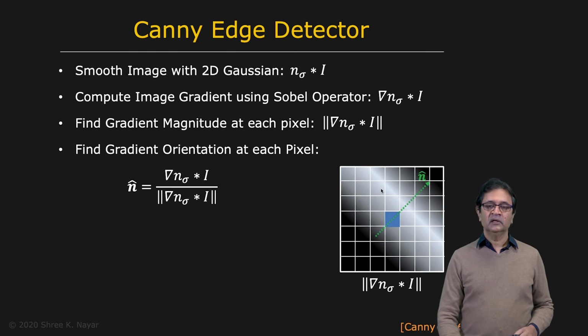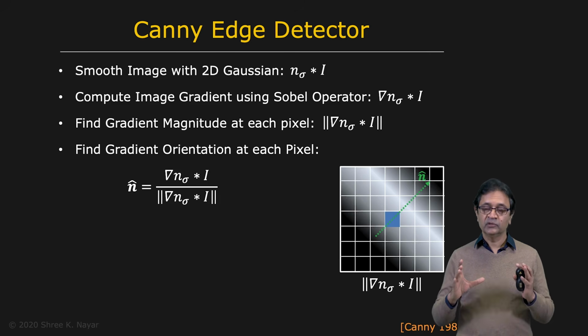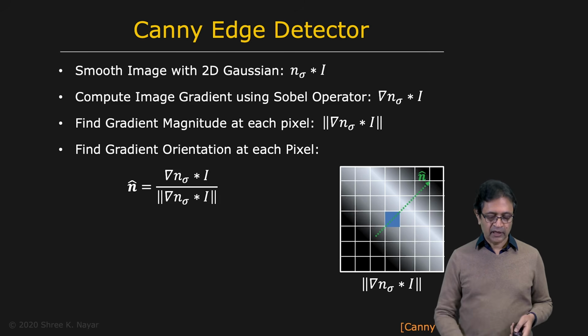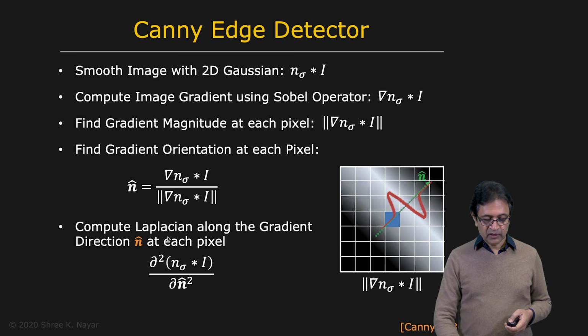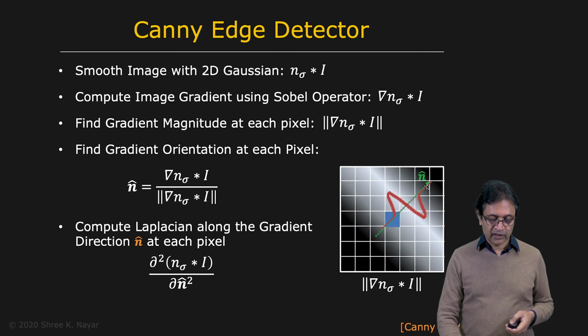And now, instead of applying a two-dimensional Laplacian, as is usually done in the case of the Laplacian operator, what Canny does is apply a one-dimensional Laplacian. The one-dimensional Laplacian is applied along the direction of the edge. So we know what the direction of the edge here is. That's the vector n.